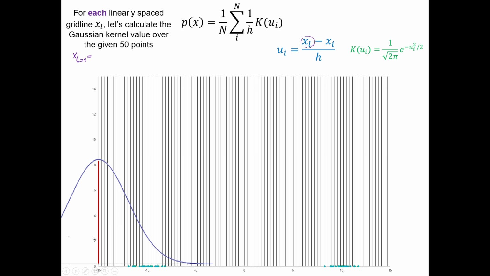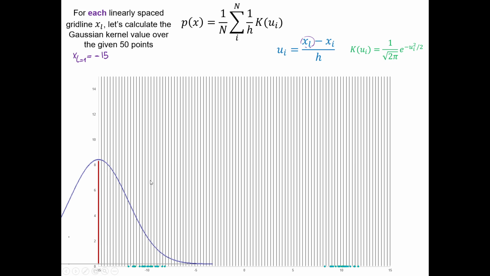Where did I start it? I dropped it on negative 15. Where did you get 0? There are no counts here. Okay, so we start from negative 15.